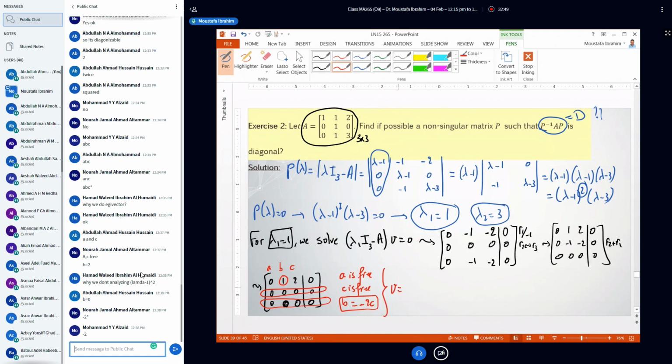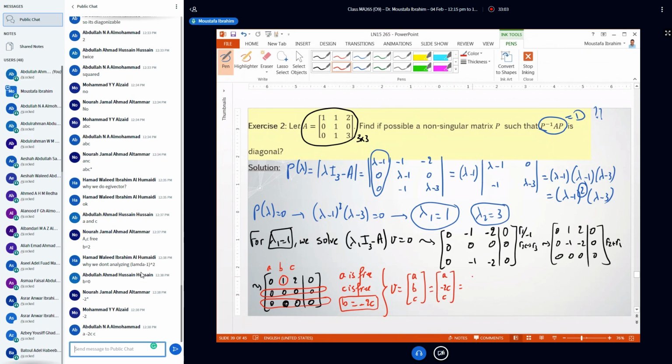So V, which is ABC, where A is free, C is free, B equals minus 2C. Now, as we did for the subspace, remember the basis for a subspace, we split it into A and C: A, 0, 0, plus 0, minus 2C, and C. And now put A and C outside: A times 1, 0, 0, plus C times 0, negative 2, and 1.